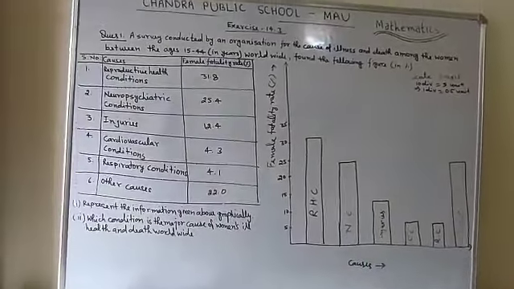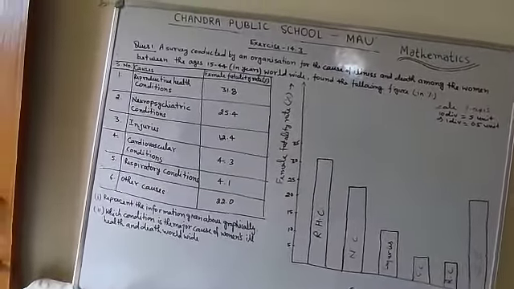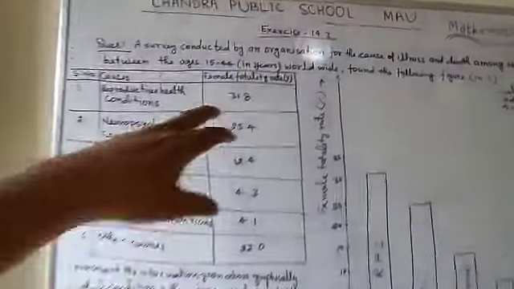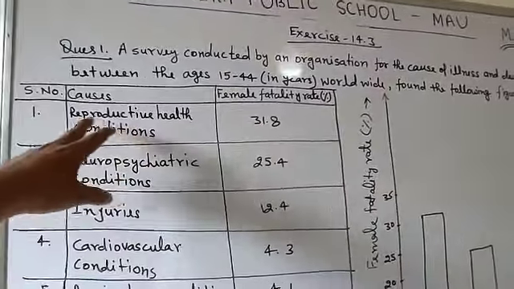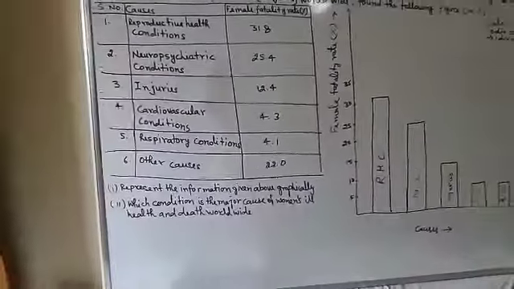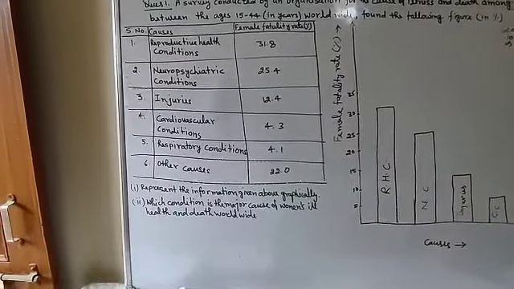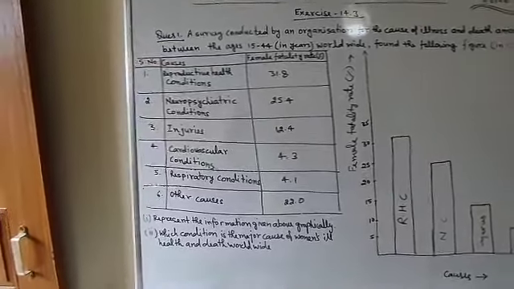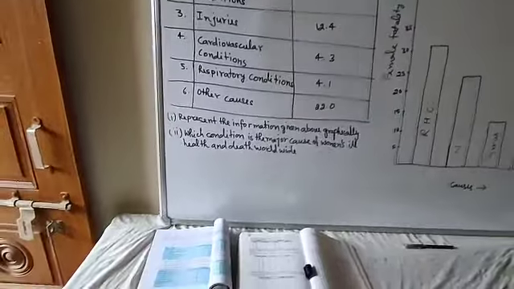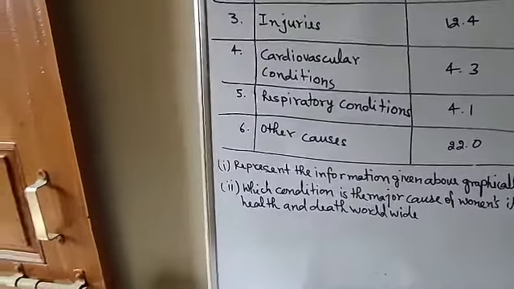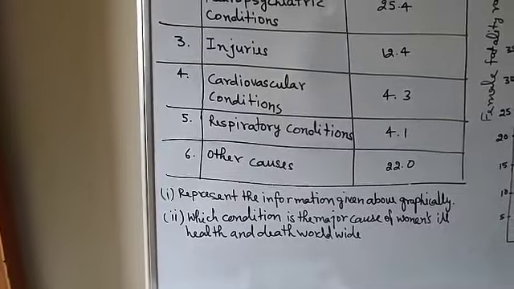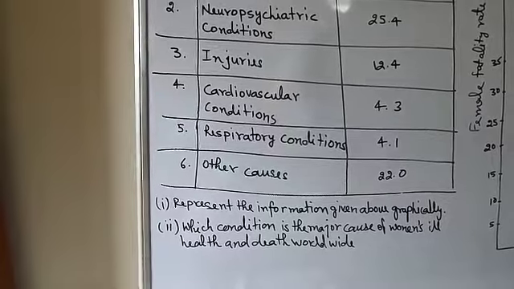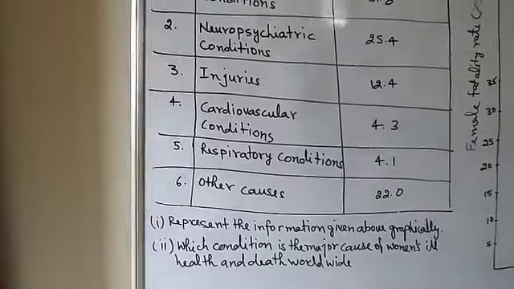Now second, it is asked which condition is the major cause of women's ill health and death worldwide. So which cause is the highest? It is 31.8. It means reproductive health condition is the major cause of women's ill health and death worldwide. So the answer of the second will be reproductive health condition, that is the highest, 31.8. In the same question the third part asks you to try to find out, with the help of your teacher, any 2 factors which play a major role in the major cause above.